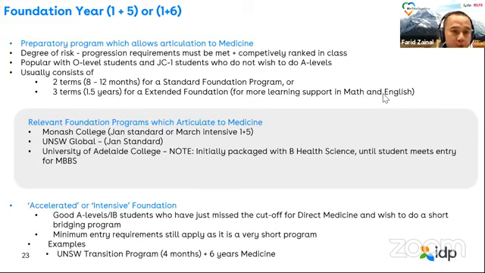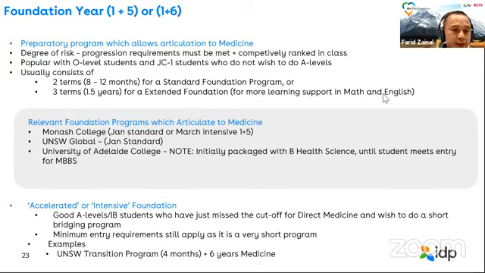essentially a preparation program which allows articulation to medicine. All right, but do note there is a degree of risk. The progression requirements still need to be met, all right? And not only that, it is competitively ranked, all right?